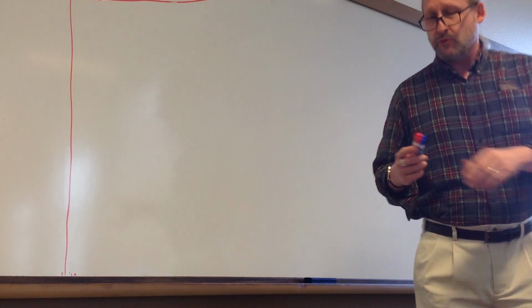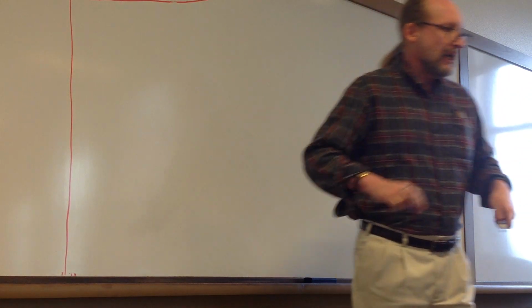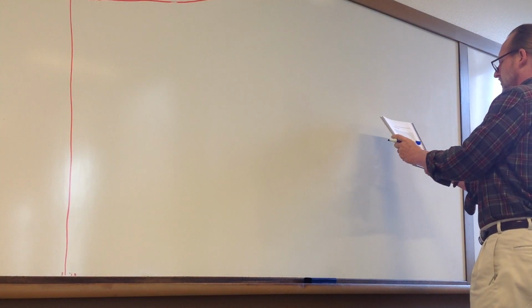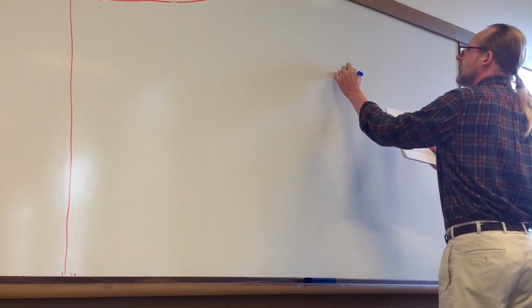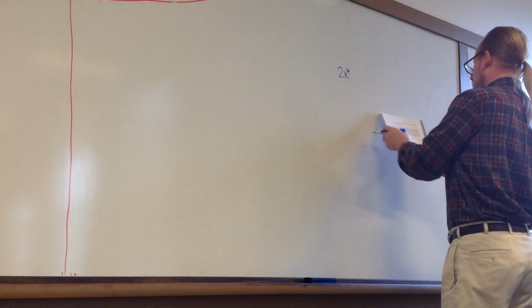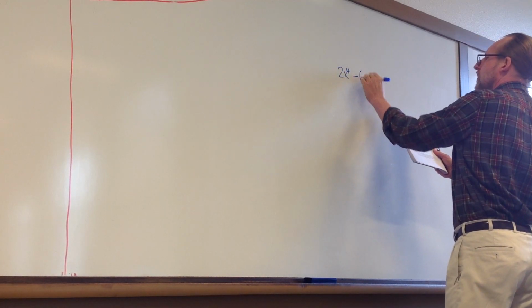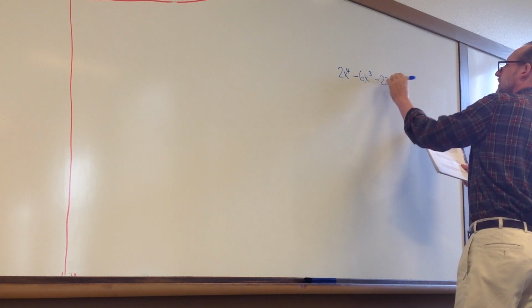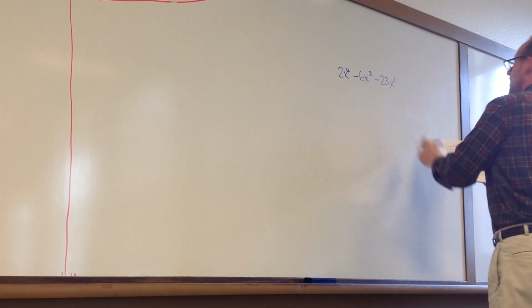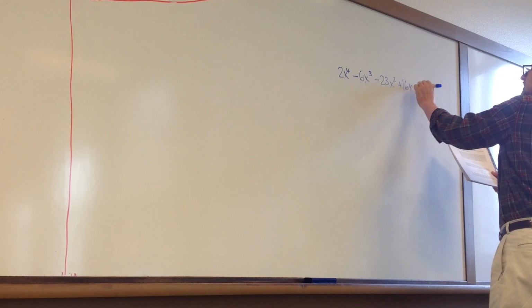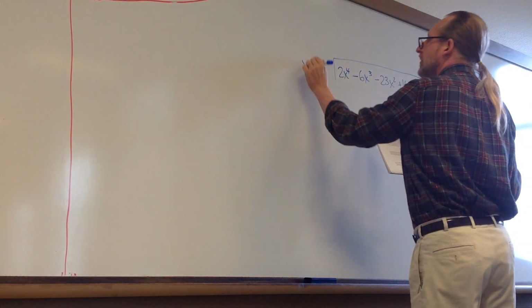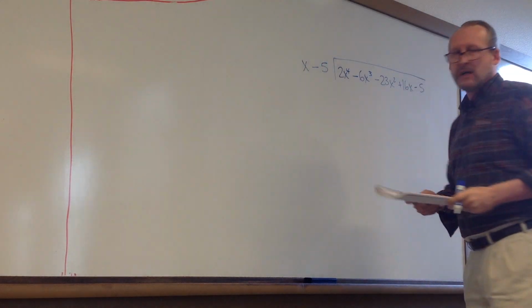This is on page 120 in the textbook, and this is a polynomial division problem. We start out dividing 2x to the fourth minus 6x cubed minus 23x squared plus 16x minus 5 by x minus 5.